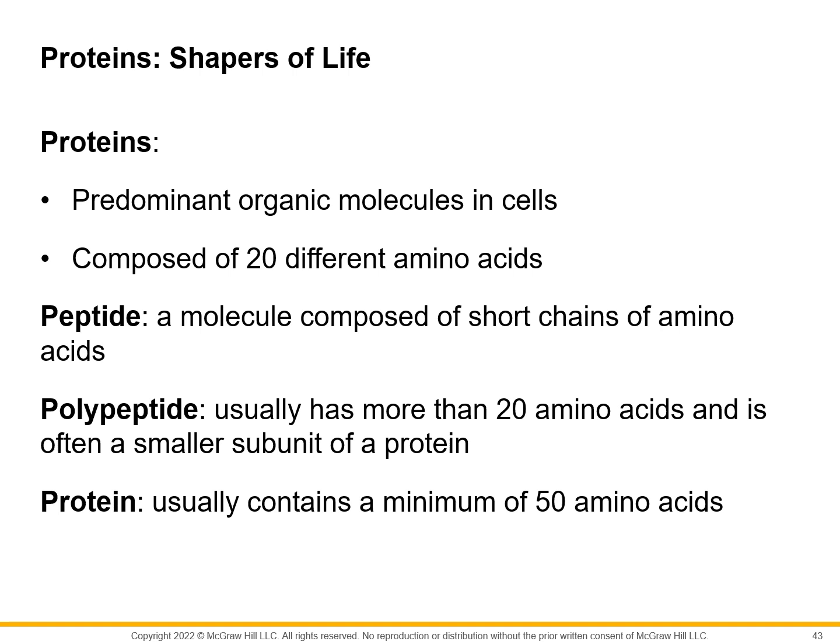Proteins usually have a minimum of about 50 amino acids. However, some proteins can get extremely large. They can have as many as 2,000 amino acids. So these are large quantities of amino acids held in a particular shape to give that protein structure and therefore function.